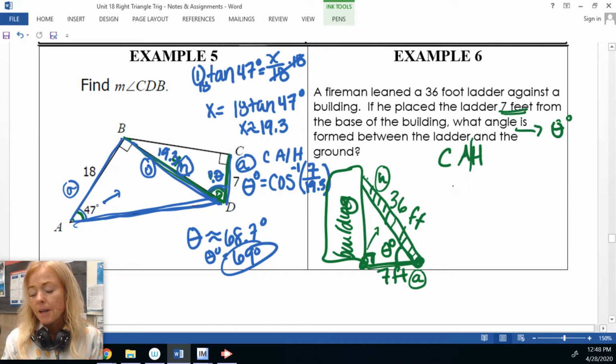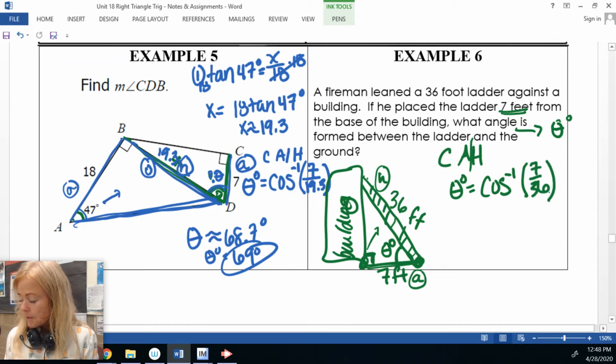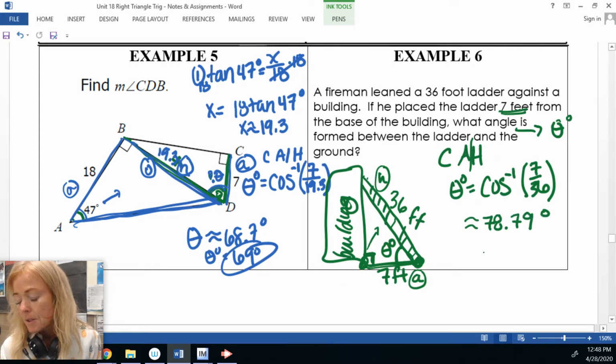So we have theta degrees is equal to cosine inverse, and the sides are adjacent is 7 and hypotenuse is 36. So we'll plug that into the calculator, second cosine, and then 7 divide 36, and that's approximately 78.79 degrees, which is approximately 79 degrees.